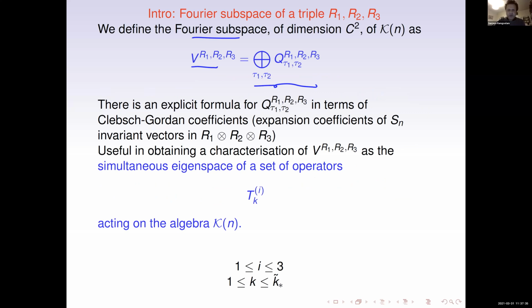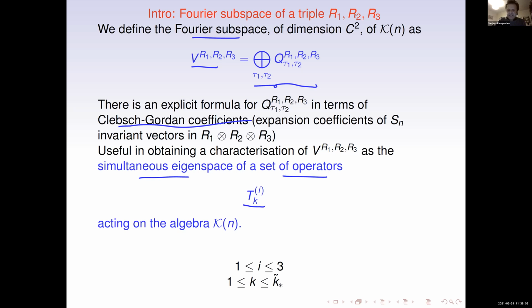And well, there is a formula for this in terms of Clebsch-Gordan coefficients. But our construction is not to construct Clebsch-Gordan coefficients; rather, it is to use the known formula for this in terms of Clebsches to recognize that this subspace that we've just defined can be characterized as the eigenspace of a set of operators.